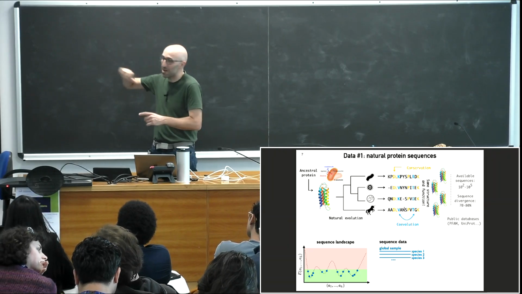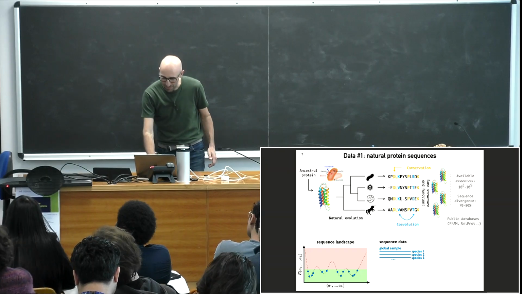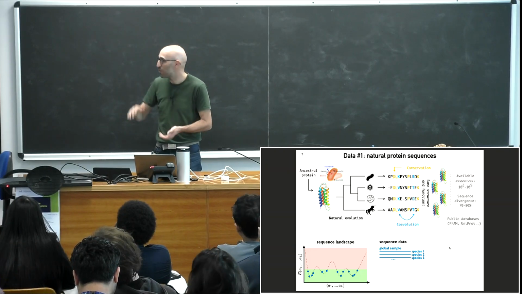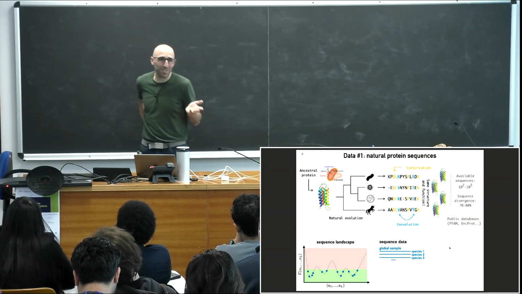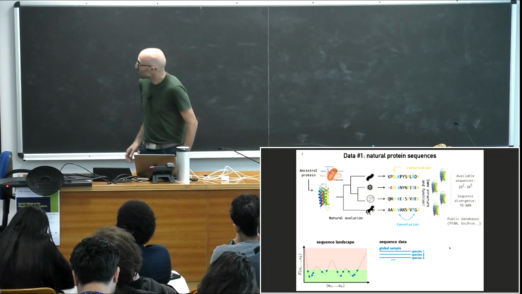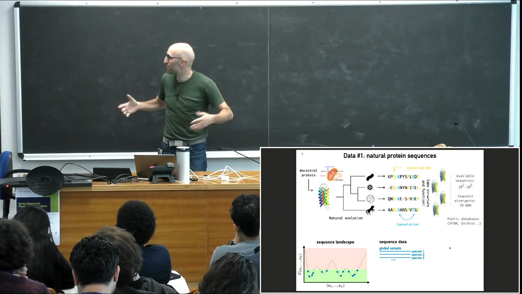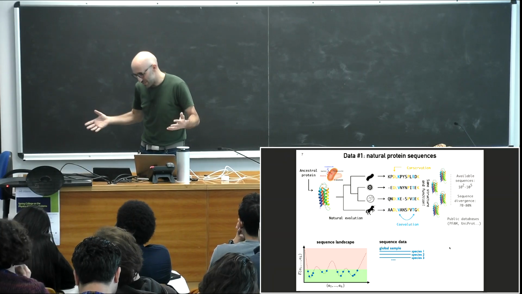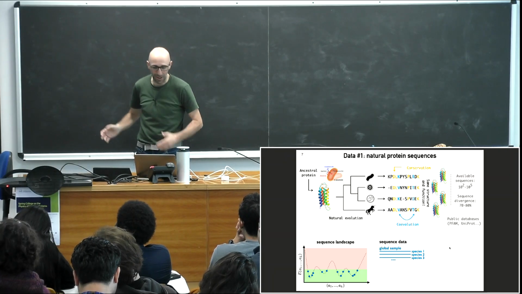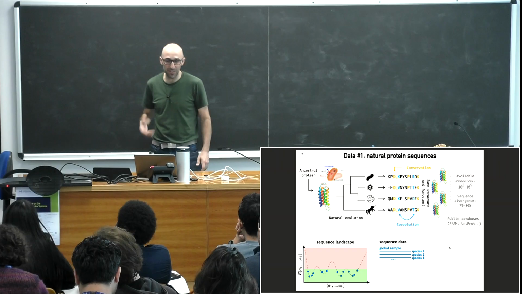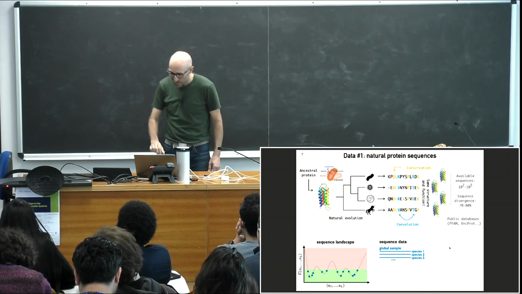Okay, so if you look at the number of mutations, how many amino acids are different between the two, most of the sequences is different. So this means that there is a lot of variability. So nature found many ways of generating the same function with very different protein sequences.